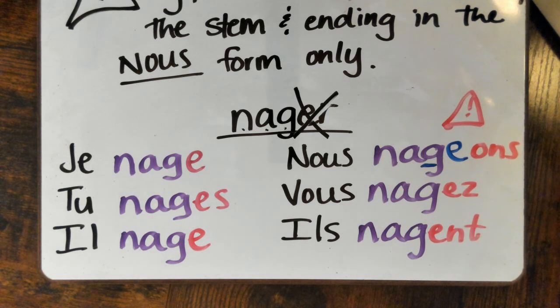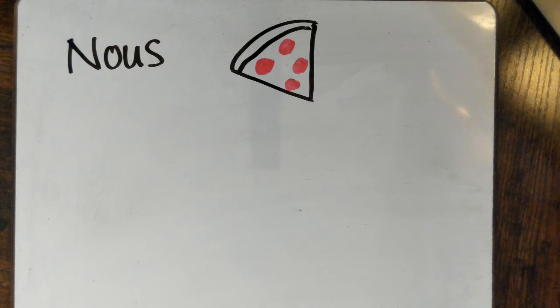Okay, so now let's try one last example with a verb where the stem ends with a G. Let's do this one just like we did the ones before. So your subject is going to be nous, and your verb is going to be something that has to do with what you see in the picture. And if you can't tell what that is, it's supposed to be a piece of pizza. So what do you do with pizza? You eat it. So you're going to write the sentence, we eat.